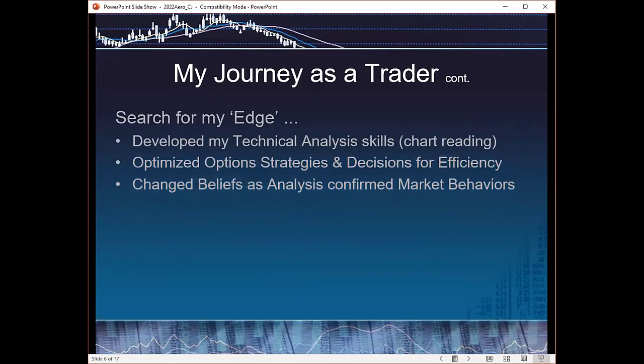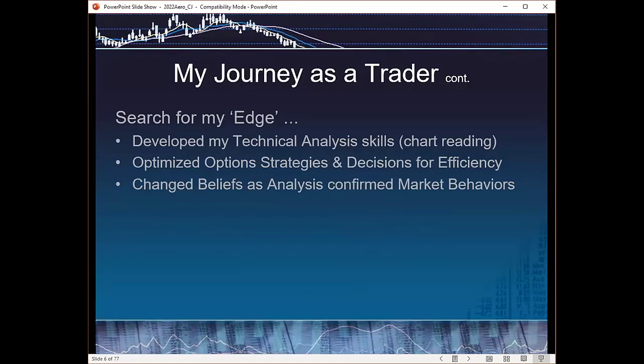And one dimension of that was really learning a lot more about technical analysis. So I dug deep into studying chart reading and a whole plethora of things in that dimension. And then I also looked into how to optimize what strategy is the best fit for an opportunity in the market, and the decisions on picking the strike and expiration, all of that.